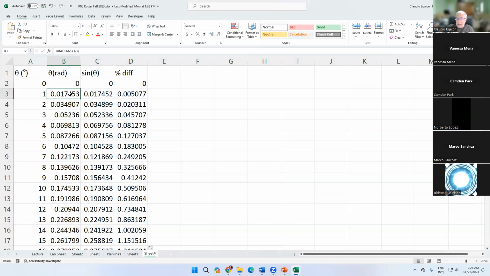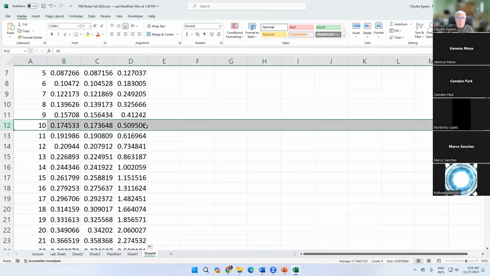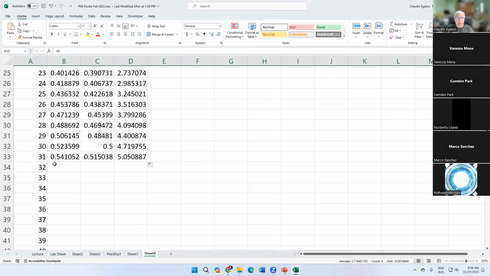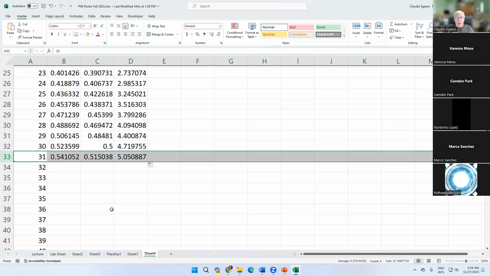If you consider, let's say, 0.5% difference, above 0.5% difference not negligible, then you can say that that approximation works up to 10 degrees. But if you are a little bit more lenient and say, look, 5% is going to be negligible, then we can use that approximation all the way up to 31 degrees, okay?